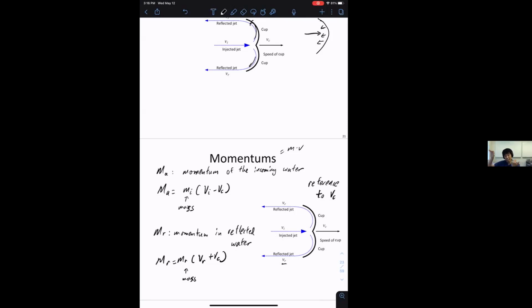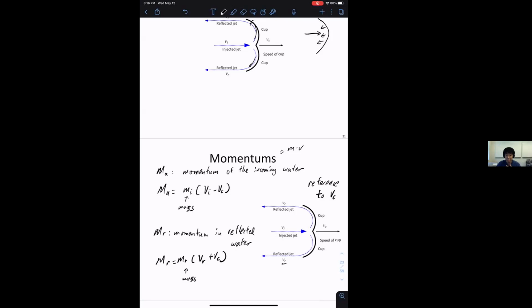So if we look at the speed in reference to the speed of the cup, then we need to add the speed of the cup to it, because they're moving in different directions. Thank you. So we're referencing a moving cup. If we're bouncing back from the moving cup, then we need to add the cup speed to it.